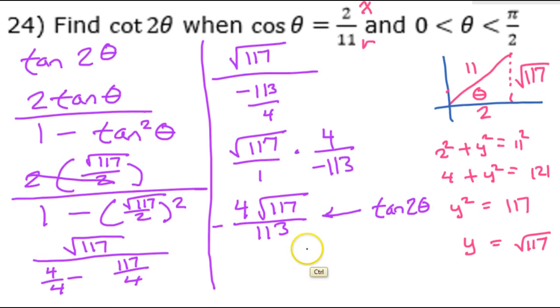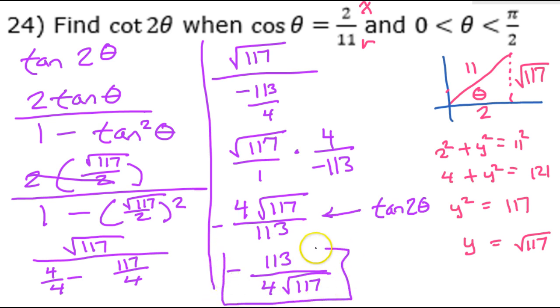So if I take the reciprocal of this, it should be the cotangent of 2 theta. So the reciprocal of this would be 113 over 4 radical 117. Okay, and this should be cotangent 2 theta.